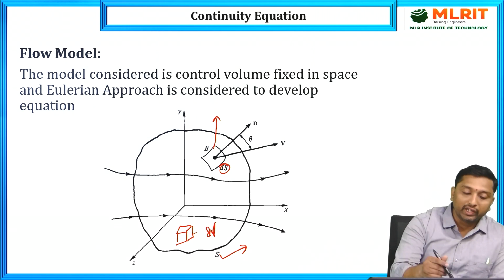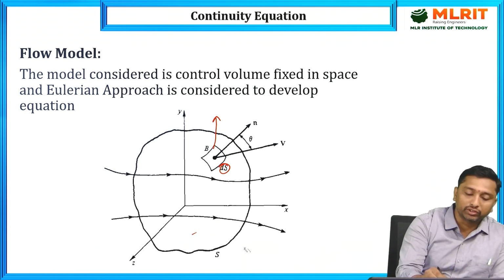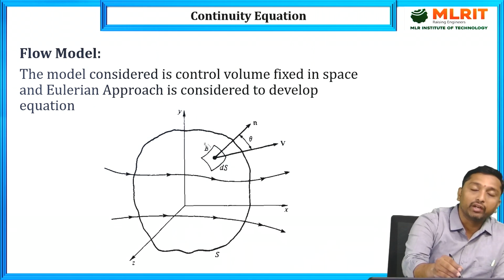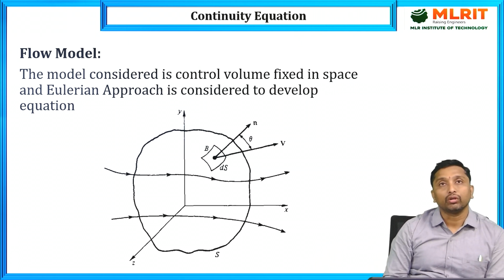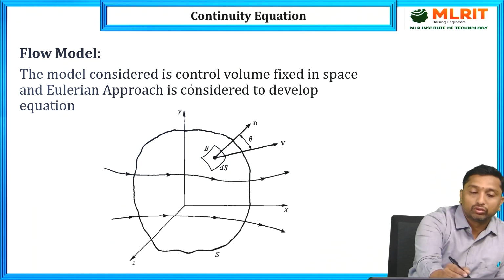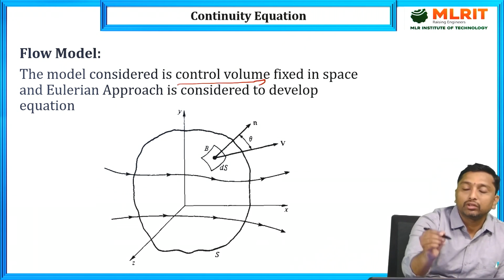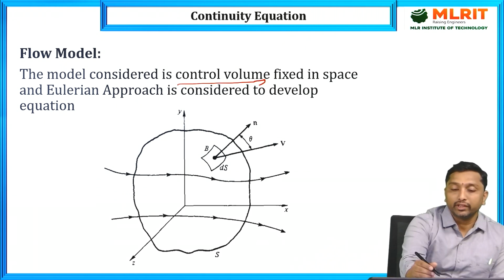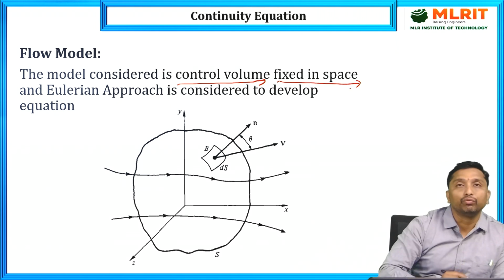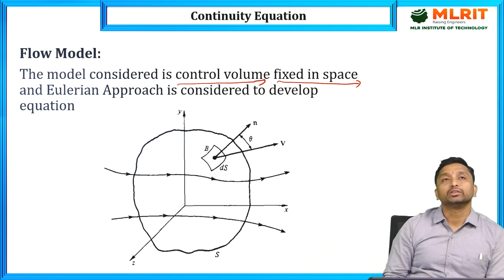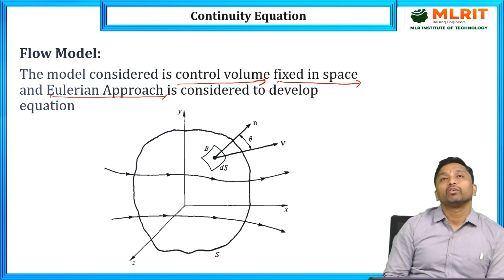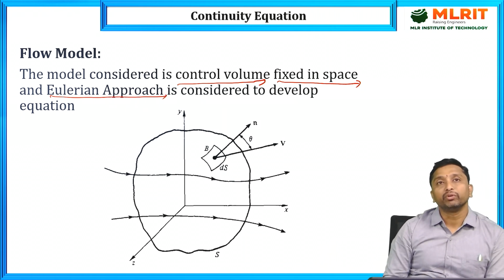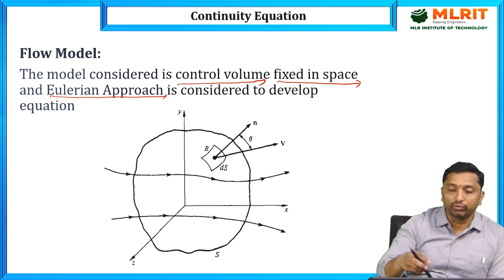So while deriving, we will be considering small elements in the control volume and we will try to integrate over the complete control volume or surface area. So to conclude, we are using control volume fixed in space as the flow model, and we are considering Eulerian approach for developing or assigning the relation between properties of the fluid.